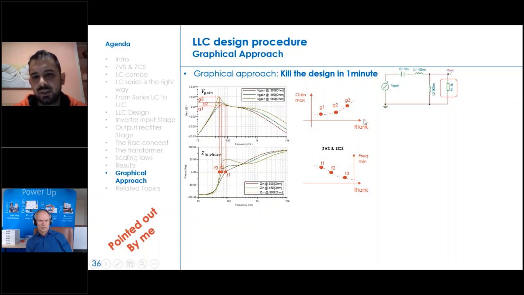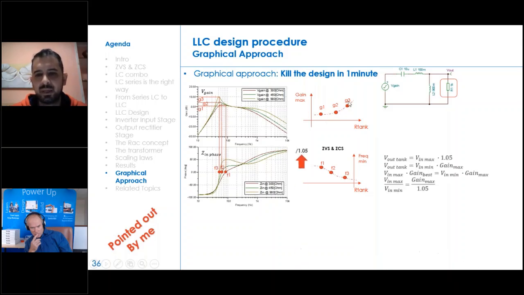If you sketch the same results on a plot, in the same way we made on the plot on the bottom, we get something like this. So if the tank resistor increases, the maximum gain I get, in correspondence of the minimum frequency, tends to increase.